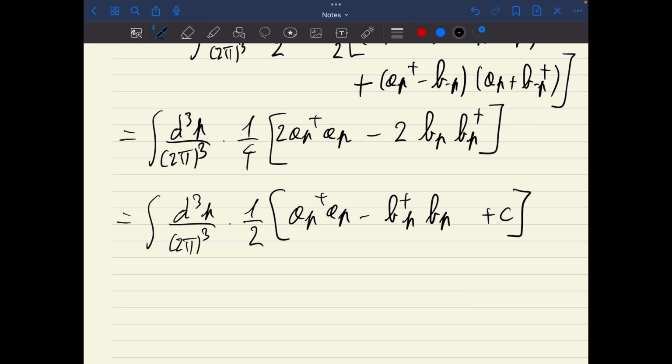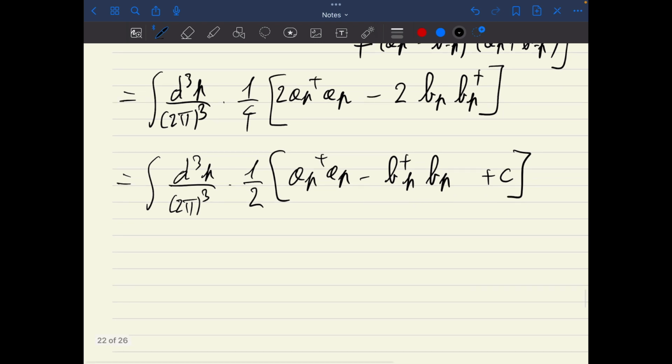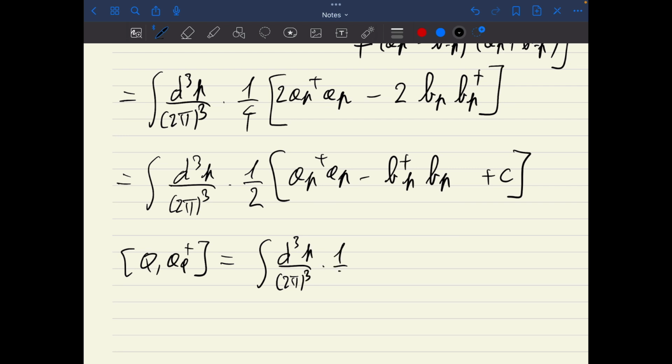A and B particles. In order to see what the charge of the particles is, we can compute the commutators. So Q with A Q dagger, that's quite easy to compute. The integral can get out of the commutator, 1/2, and we have here simply A P commutator A Q dagger.